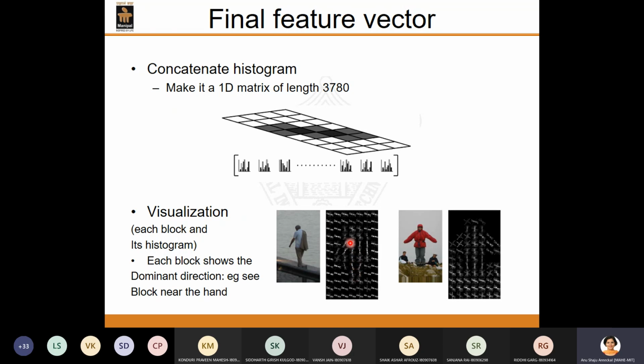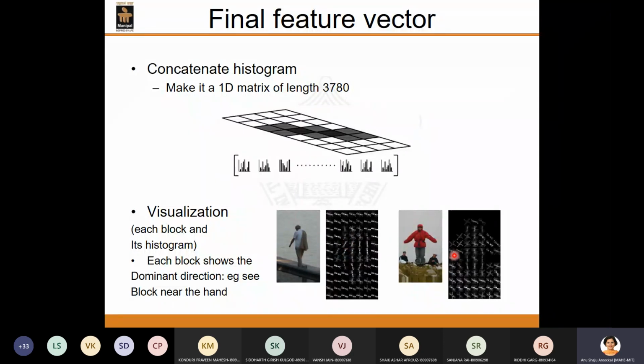So you can imagine that you have a person here, so you have the body here and the hands over here, the legs here, and so on, right? If you look at this particular hand region, you see that the orientation also points to that particular region.